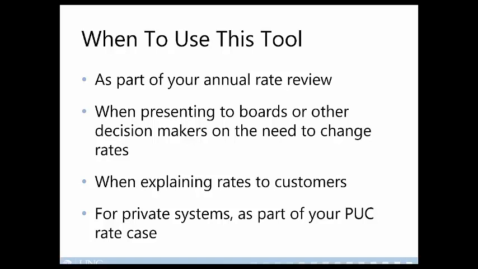So, on an annual basis, you should really look at how you did in terms of cost and revenue, or maybe even more frequently than an annual basis. And if the numbers are not coming out, if that operating ratio is not coming out to be a really good number, you may want to consider raising your rates and going through whatever process that is, again, for the county systems and nonprofits to go through your boards, and for private systems to make a rate case to the Utilities Commission. So that is the first part.